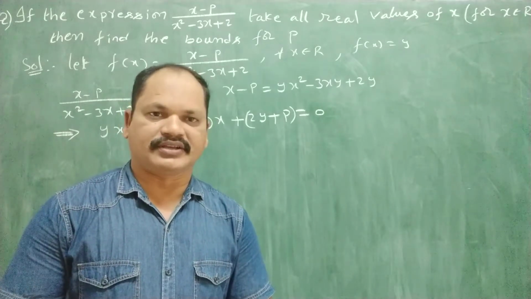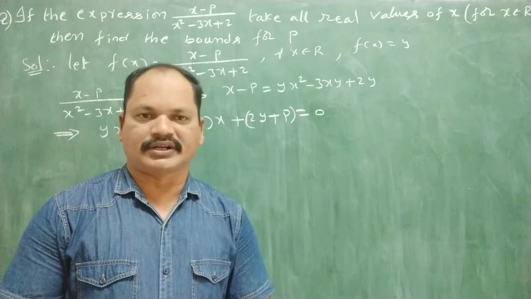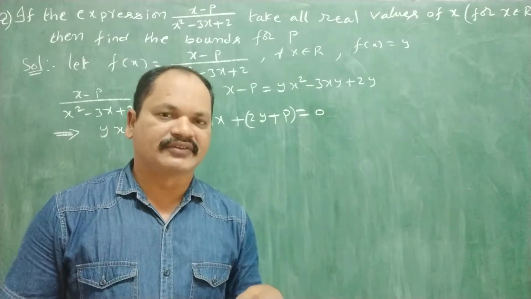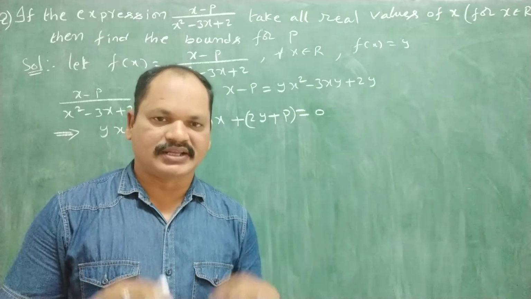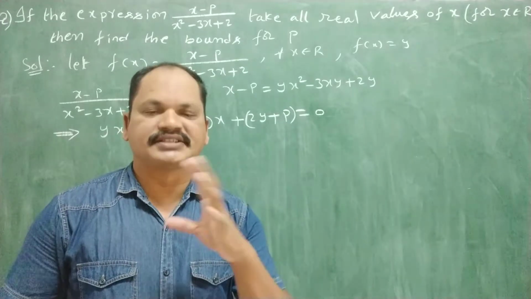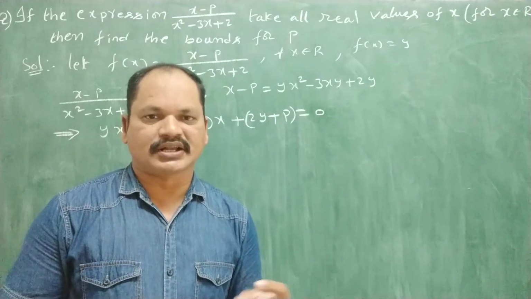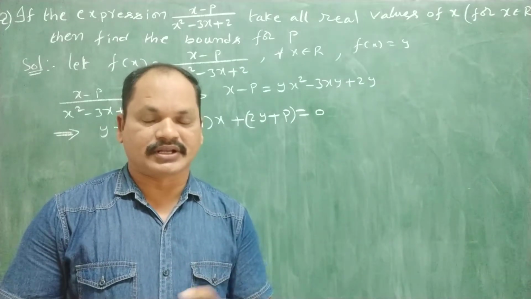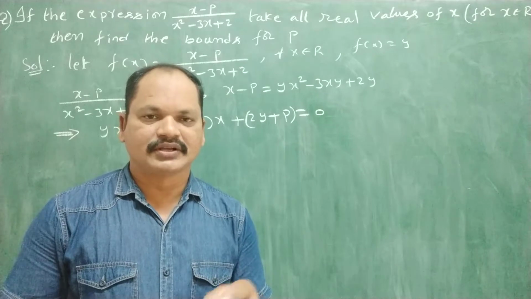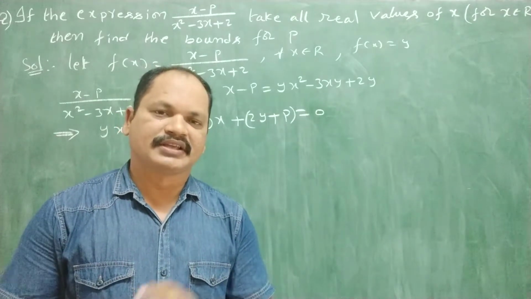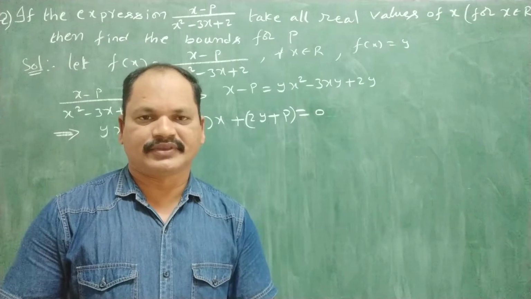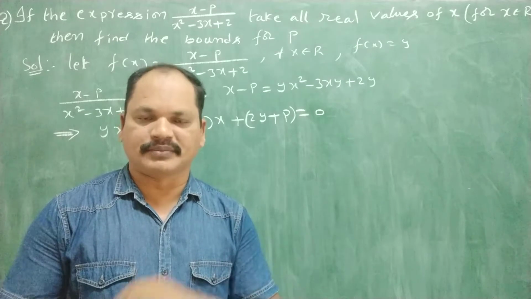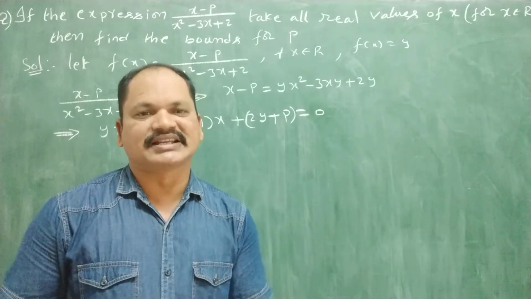Suppose roots are real and equal, then discriminant is equal to 0. If roots are real and distinct, then discriminant is strictly greater than 0. If roots are imaginary or complex, then discriminant is less than 0.